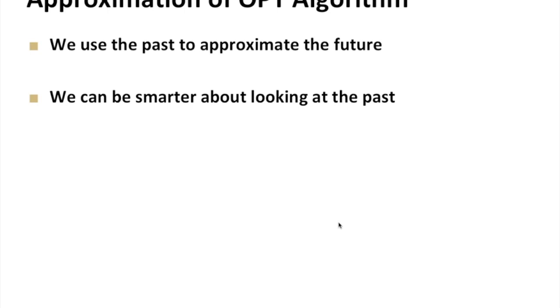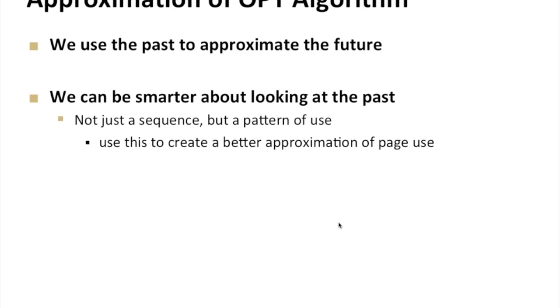What if we were smarter about looking at the past and we found things, not just a sequence, but a pattern? If we could see the pattern of what was being used, then we could be smarter about which pages we think will be accessed in the future. And this is going to be a better approximation of the page use than using some of these other algorithms.